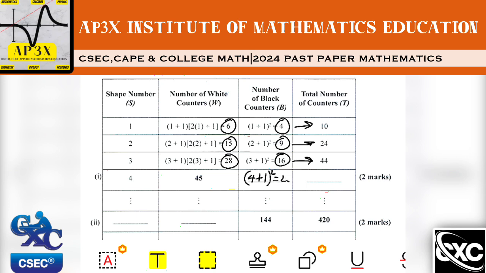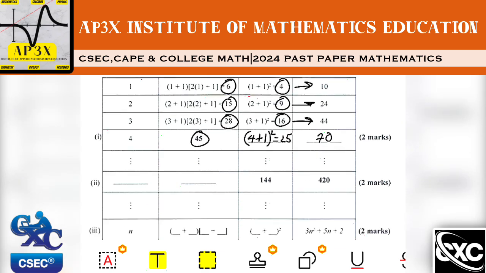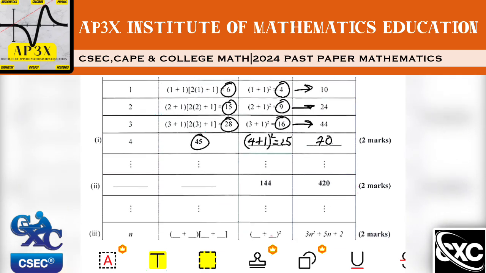We could almost guess that this is 25 because it's following the square pattern: 2 squared, 3 squared, 4 squared, 5 squared. So that's 4 plus 1, which is 5 squared. And then of course we're going to add 45 to 25, and that will give us a result here of 70. All right, so we know that for certain.